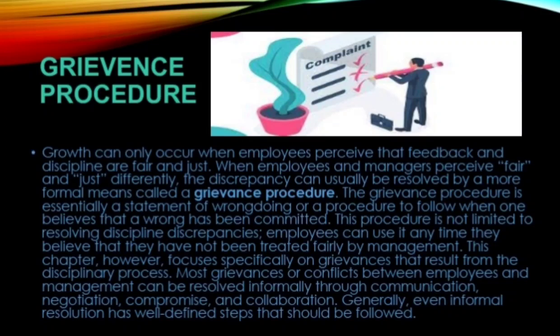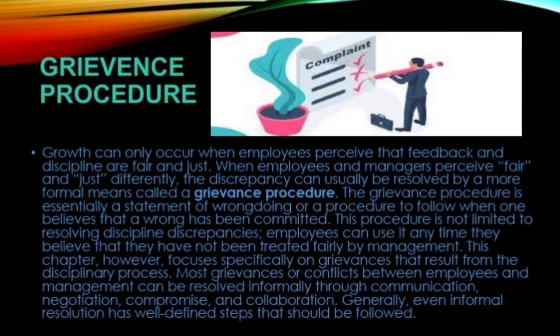This procedure is not limited to resolving disciplinary discrepancies. Employees can use it anytime they believe that they have not been treated fairly by management. This chapter, however, focuses specifically on grievances that result from the disciplinary process.